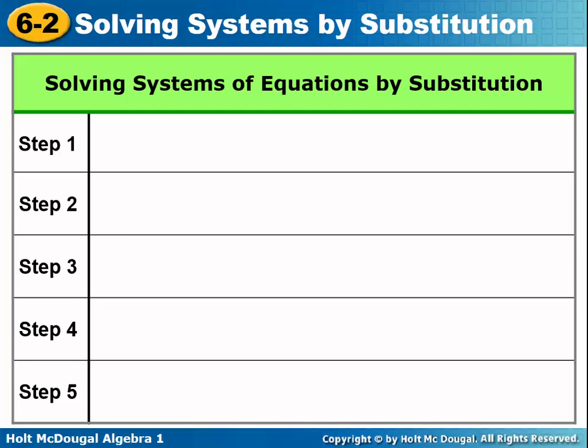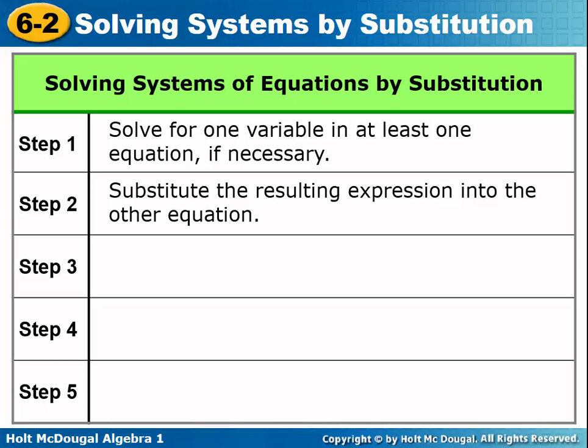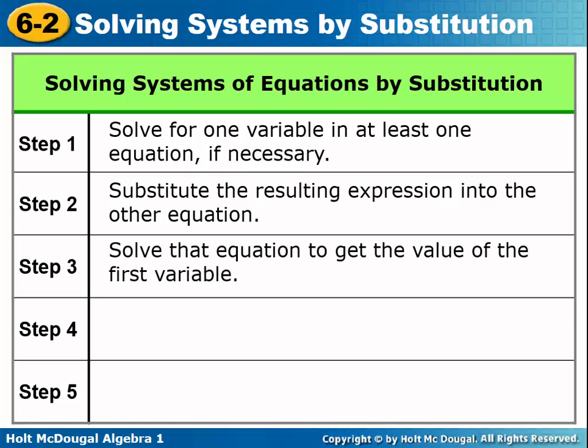Here are our steps for solving a system of equations by substitution. Our first step is to solve for one variable in at least one equation, if necessary. Sometimes that step is already done. Then, for step 2, we substitute the resulting expression into the other equation. That's why this is called substitution. For step 3, we solve that equation to get the value of the first variable.